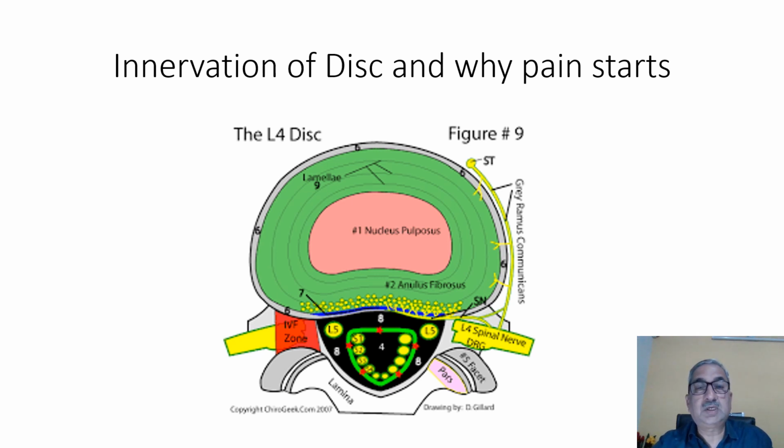The nucleus pulposus is the shock absorber, and the annulus fibrosus protects it. Interestingly, the nucleus pulposus does not have innervation, but the annulus fibrosus does. The innervation is from the segmental nerve and the small nerves entering the disc.